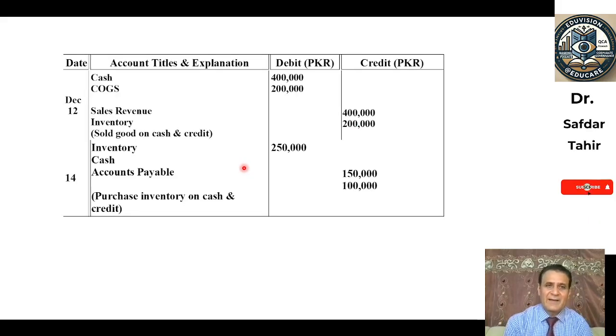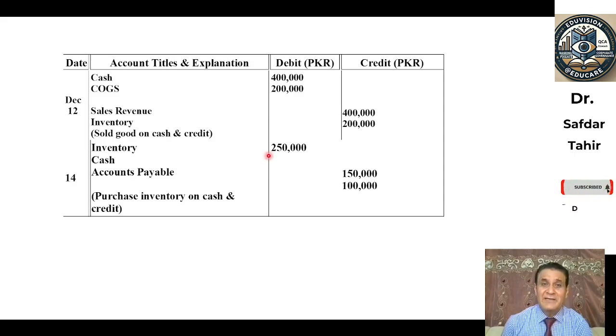Again, on the 12th December, we purchase inventory on cash and credit. We purchase the inventory of 2 lakh 50,000 on cash and credit.